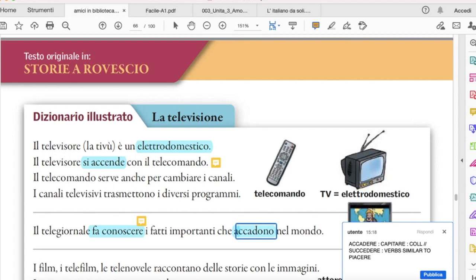So indirect pronouns being mi, ti, gli, le, ci, vi, and gli as subjects, right? But not in this sentence. Il telegiornale fa conoscere i fatti importanti, important facts, il telegiornale is the news, che accadono, which happen in the world. Let's not dwell too much on this because this is already a little bit more advanced. We'll go back eventually to this exact notion, but for now we'll just move on.